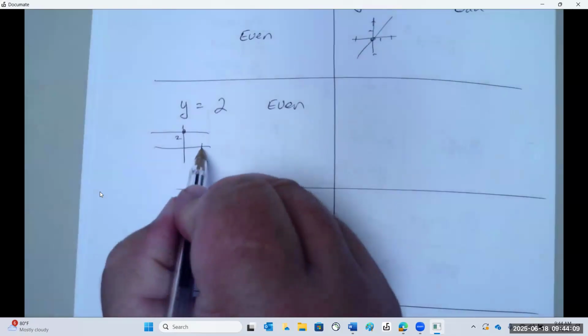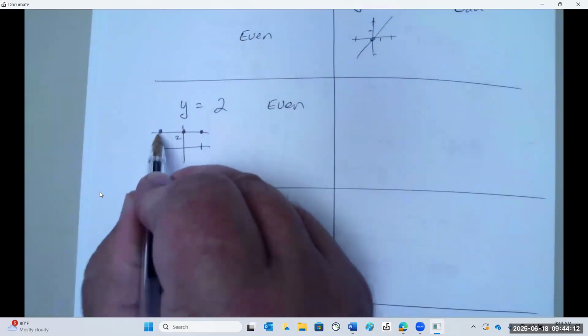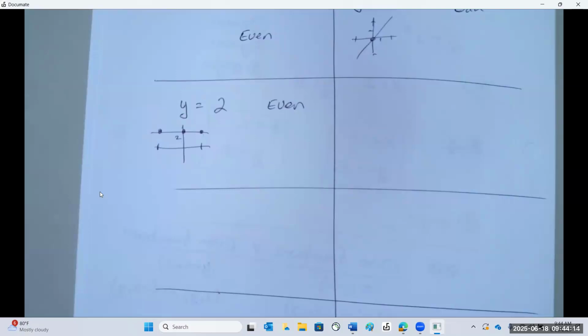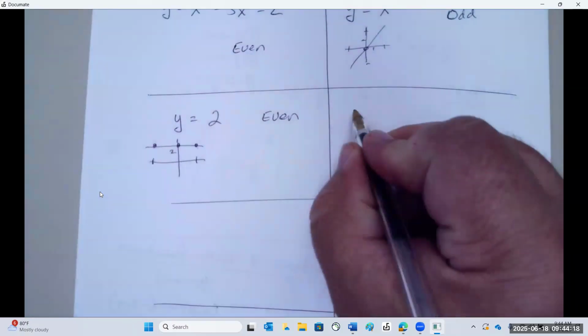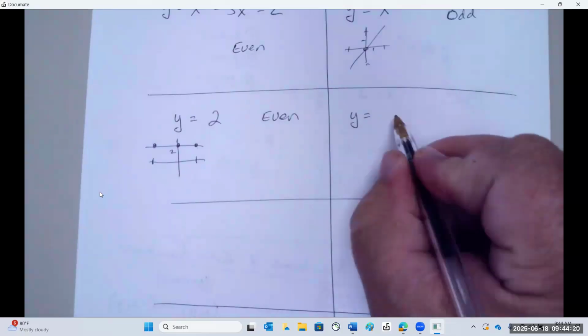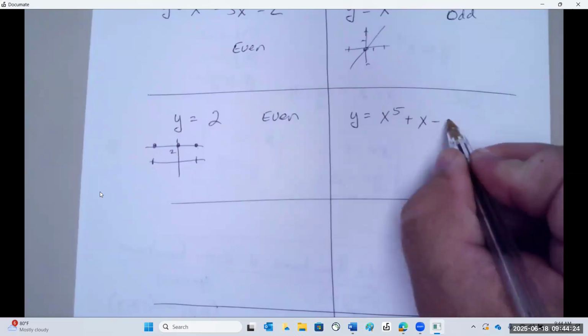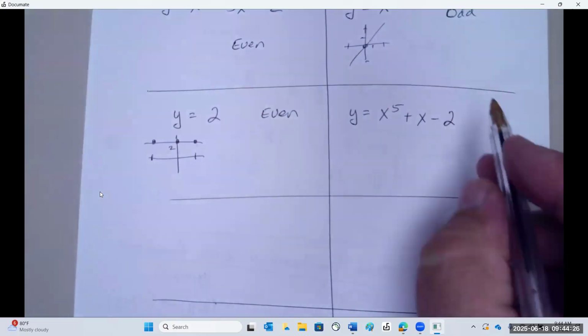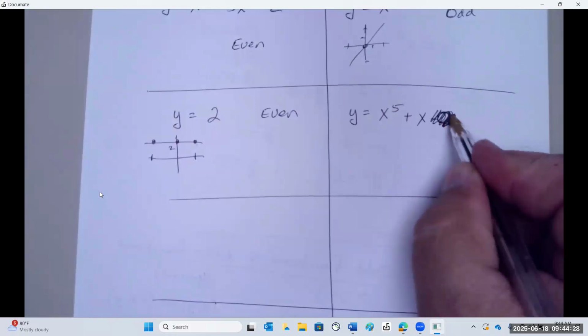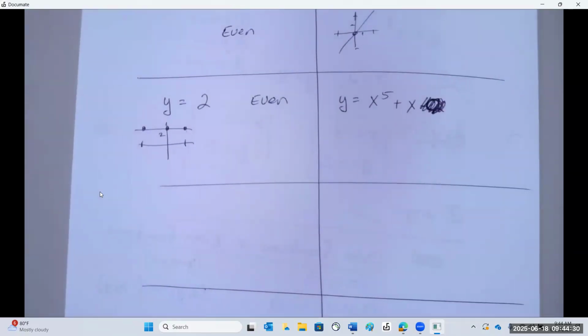So at this x, is it same as this one? Yes. So it's an even function. How about that one? Odd, even, or neither.